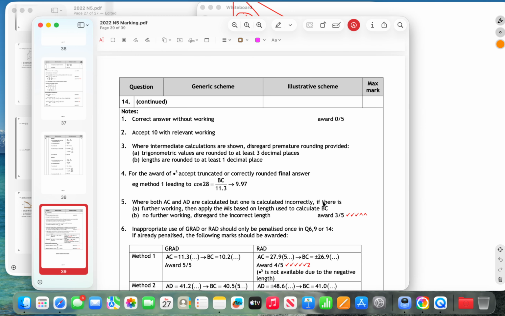The second one is they would accept an answer of 10 if you showed the working. I think that's quite generous of the SQA, but you had to show all of the working, because 10 on its own does look like a bit of an easy guess.